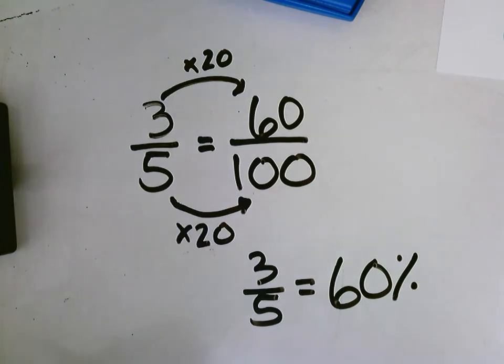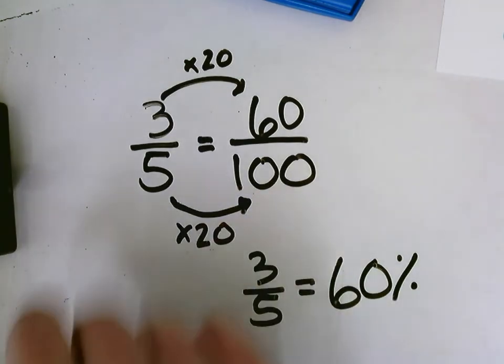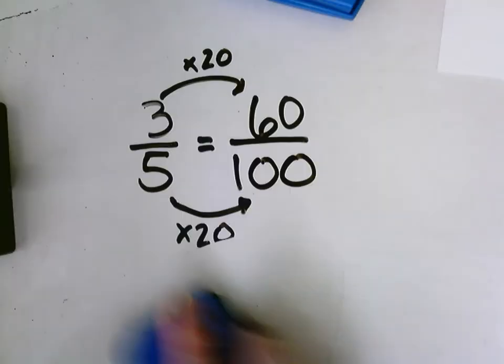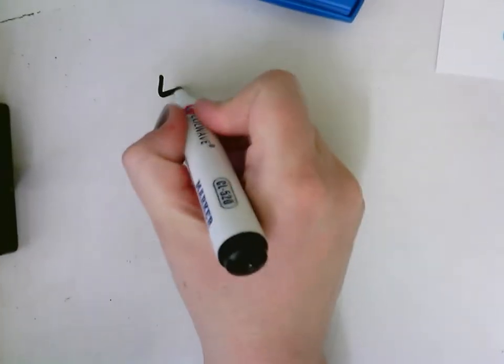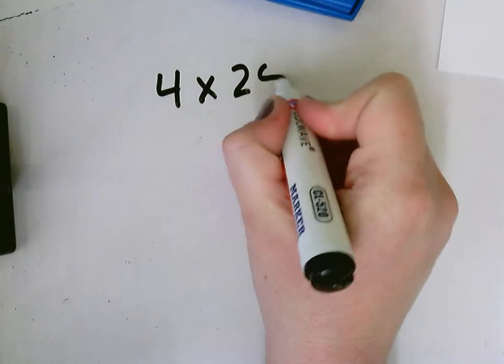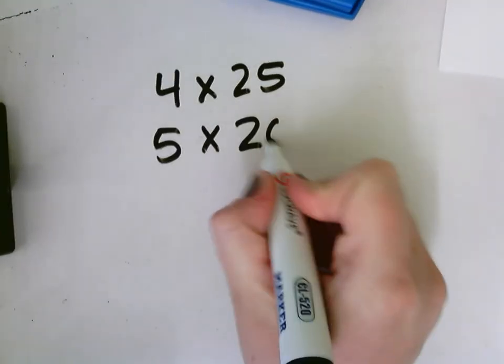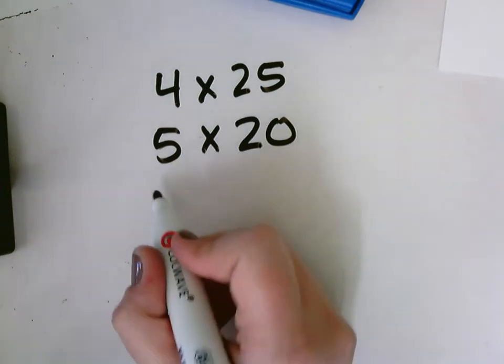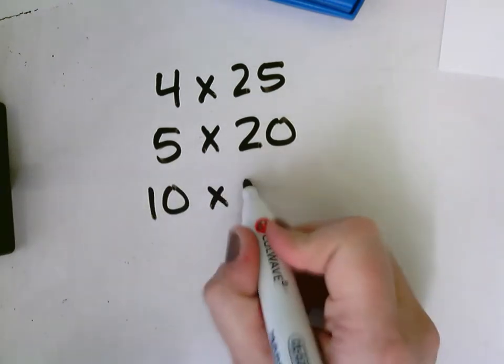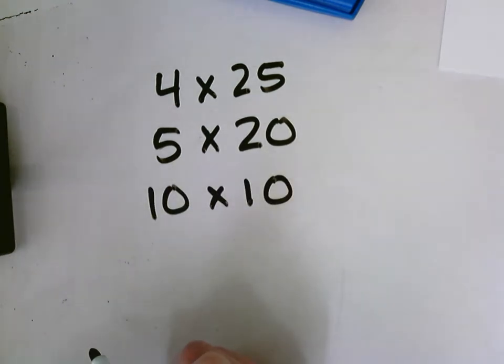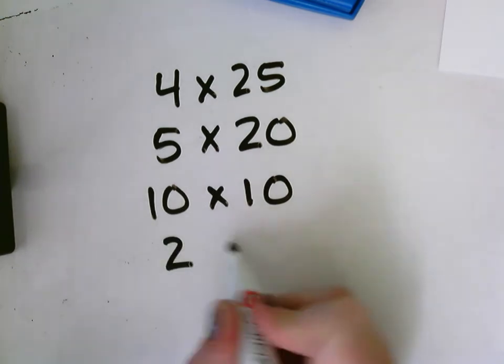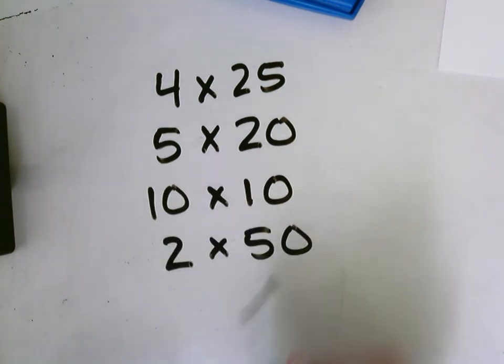I want to go over real quickly some common numbers that multiply to make 100, just so that you can keep that in mind as you're doing the problems today. Common numbers that make 100. 4 times 25 makes 100. 5 times 20 makes 100. 10 times 10 makes 100. 2 times 50 makes 100.